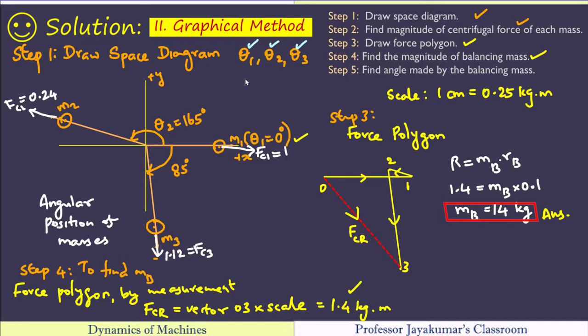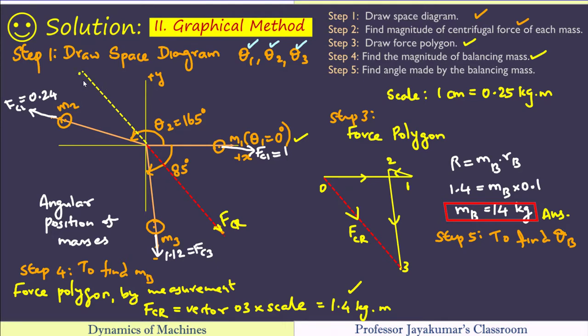Now last step, step 5, to find position of the balancing mass theta b. Let me draw a line parallel to FCR to this main diagram. This diagram shows the direction of resultant force. The balancing mass has to be applied in the opposite direction.